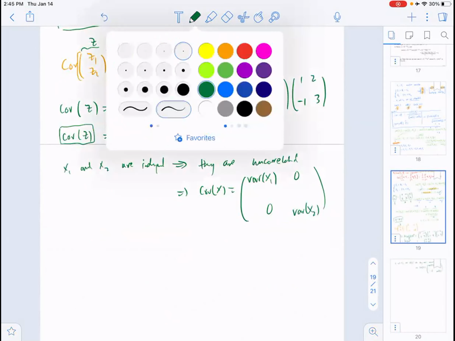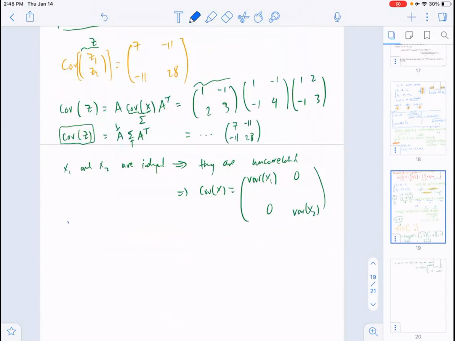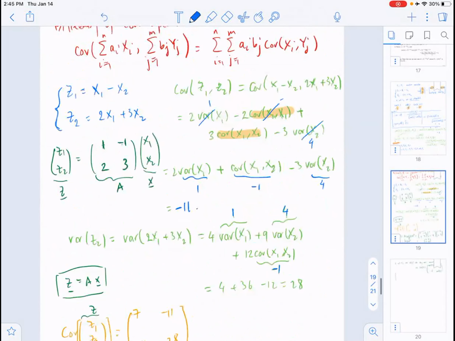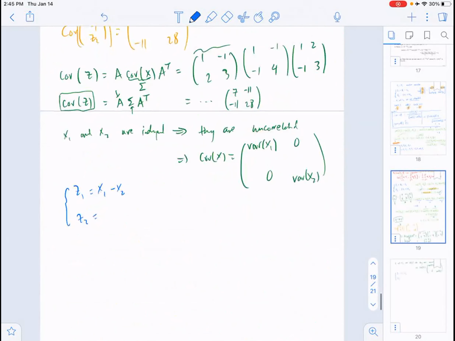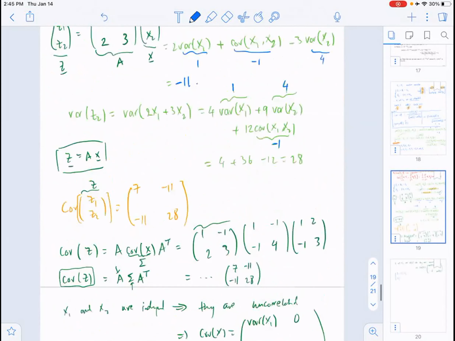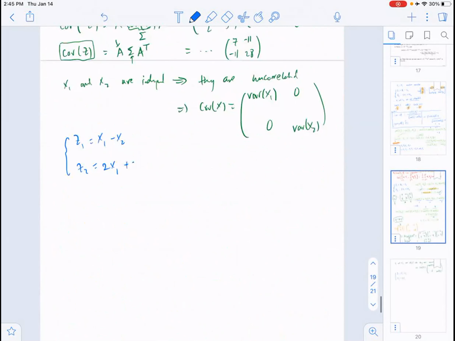So let me add one more piece here. If I had Z1 equal to X1 minus X2, Z2 equal to 2X1 plus 3X2 plus 5, let's say, could you tell me what difference does it make in the covariance matrix?